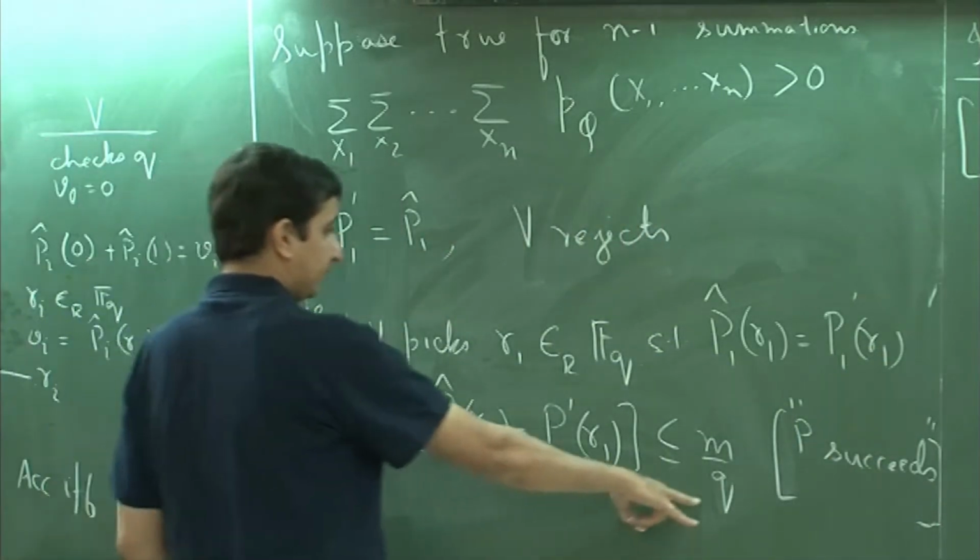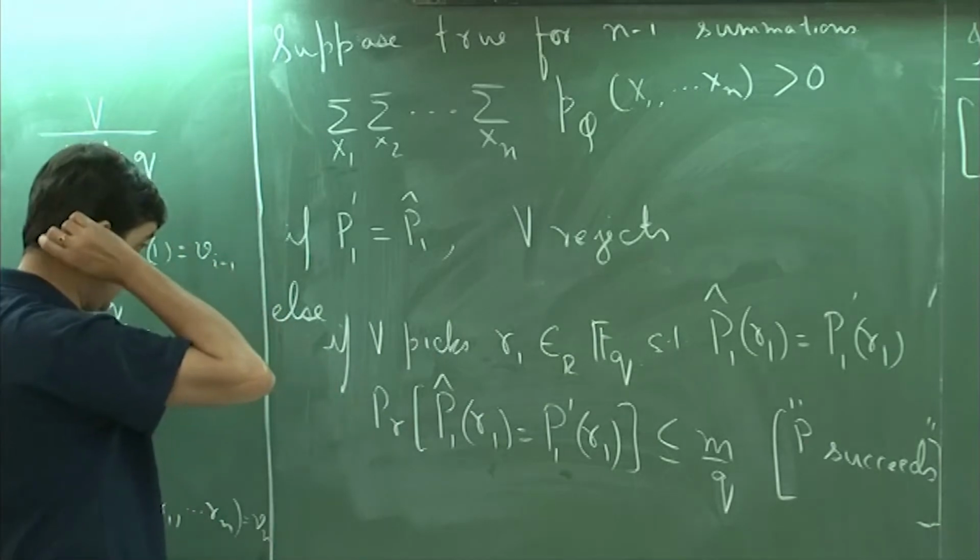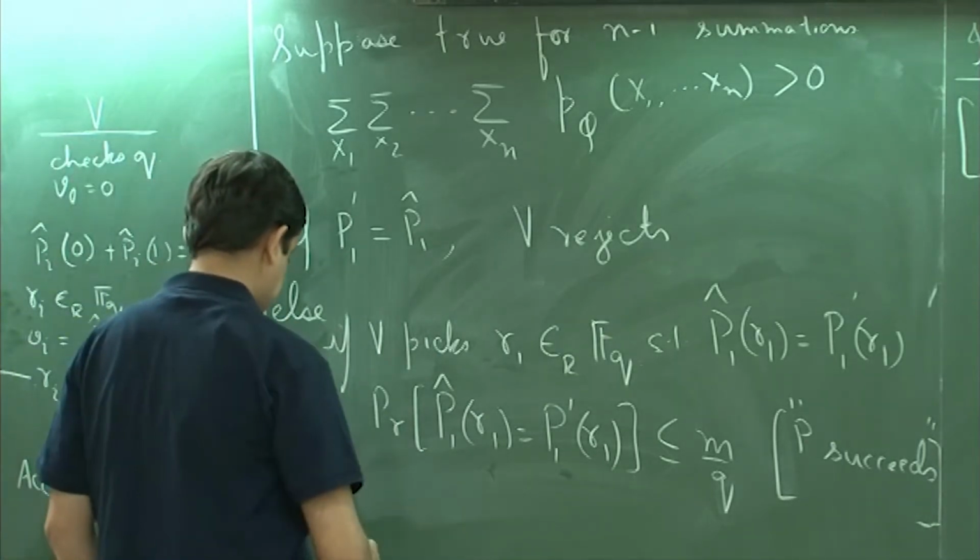So, the probability of that occurring is m by q.